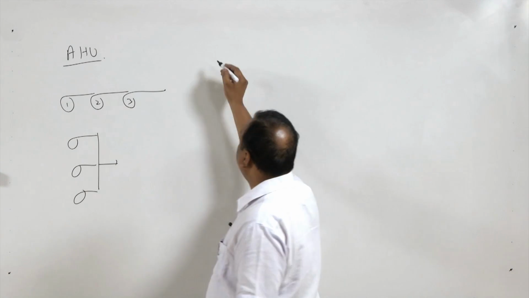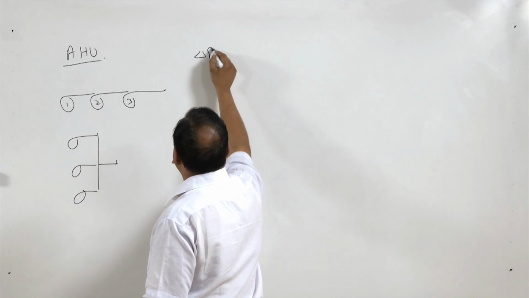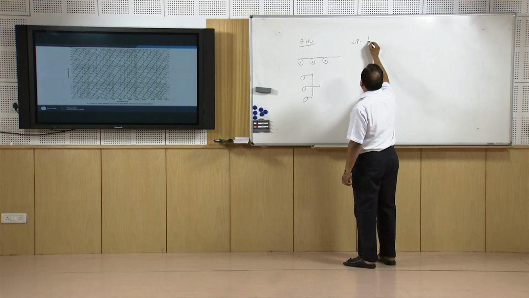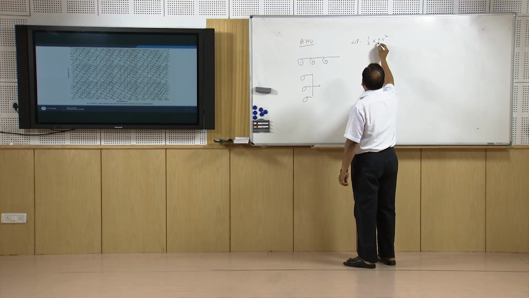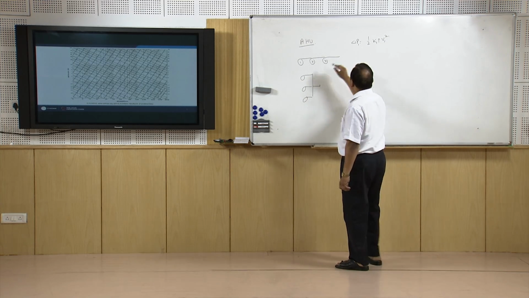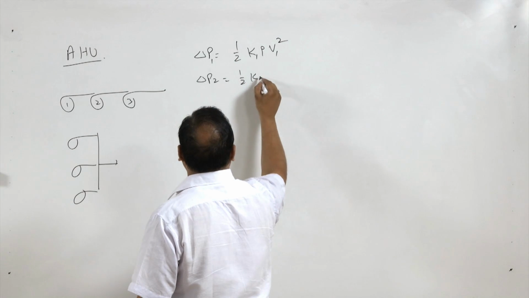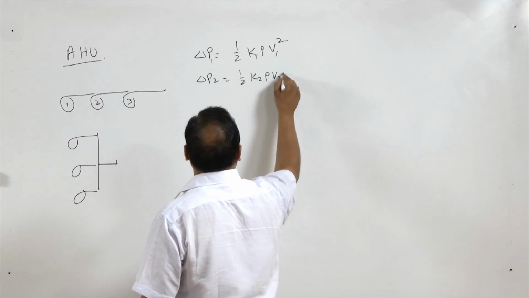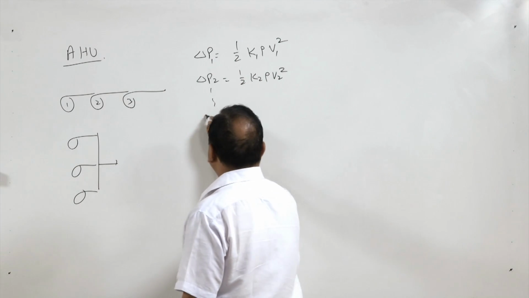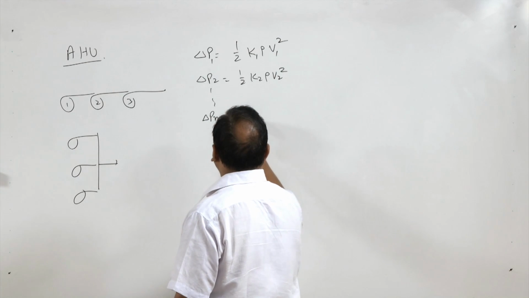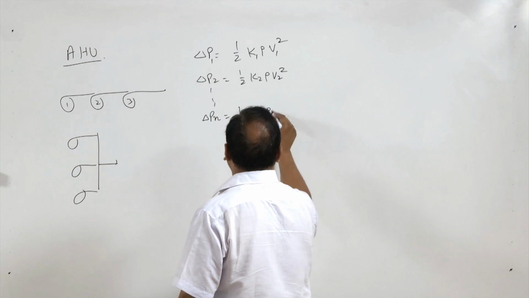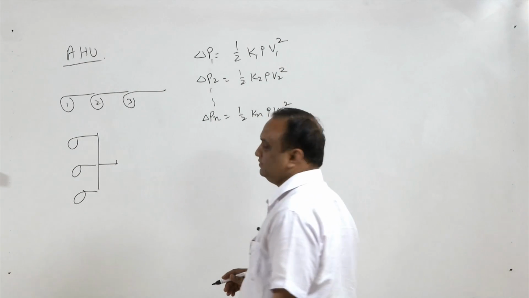Now suppose pressure drop in a fan, delta P1, is equal to half K1 rho V1 square. Then delta P2 is equal to half K2 rho V2 square, and so on. We have delta Pn is equal to half Kn rho Vn square.